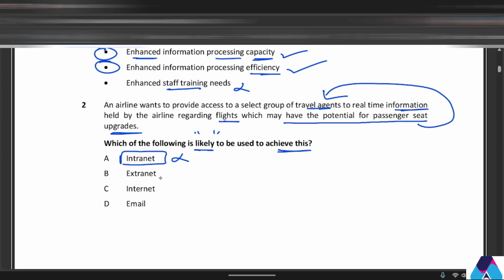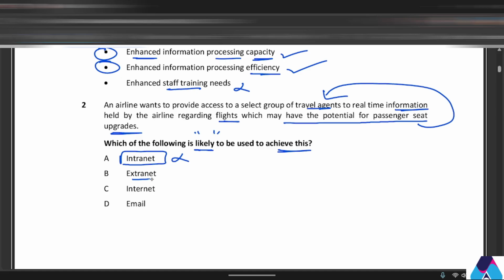Now in part number B, they are saying extranet. Now extranet is basically like intranet, right? But the access is extended to the trusted external parties, right? So it is like intranet, but the access is extended to the trusted external parties and not only limited to the internal parties, right?